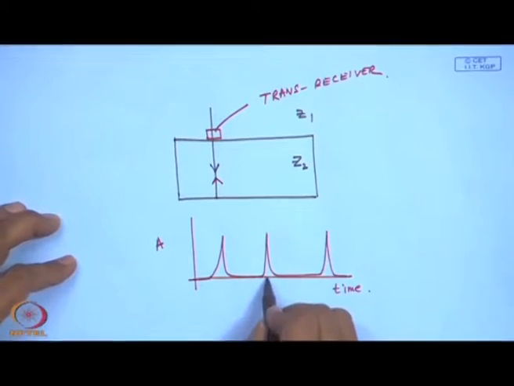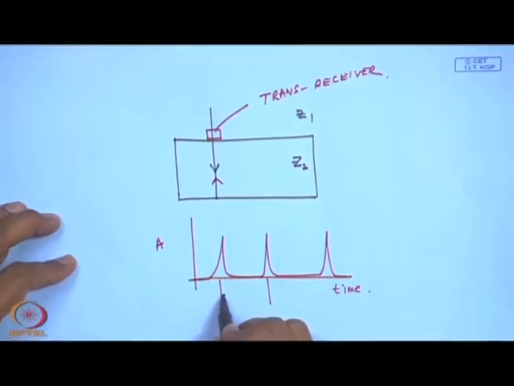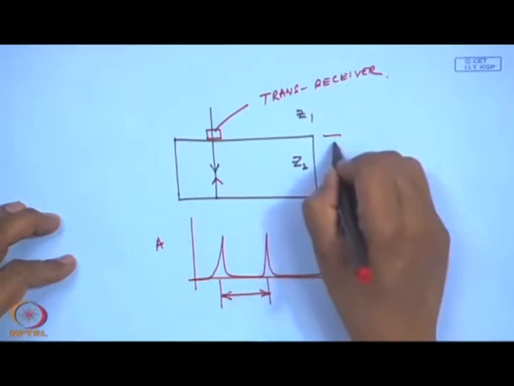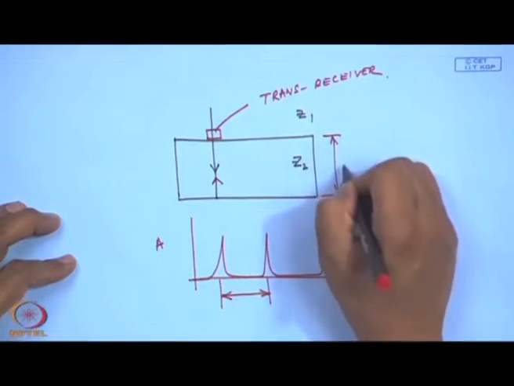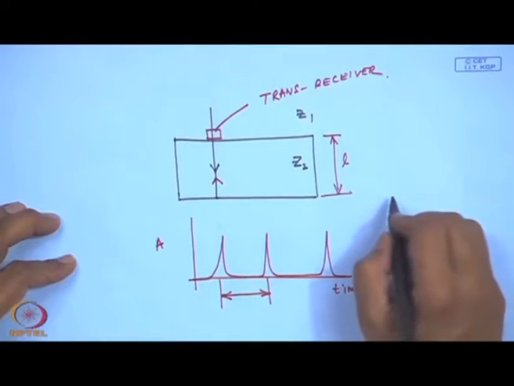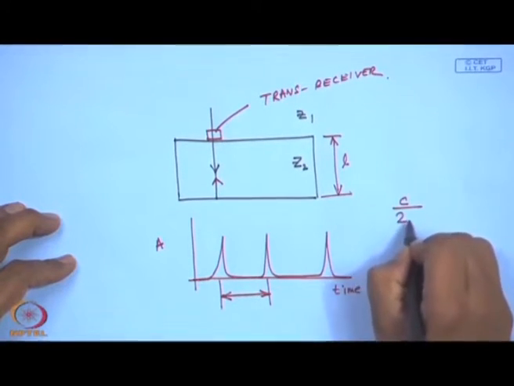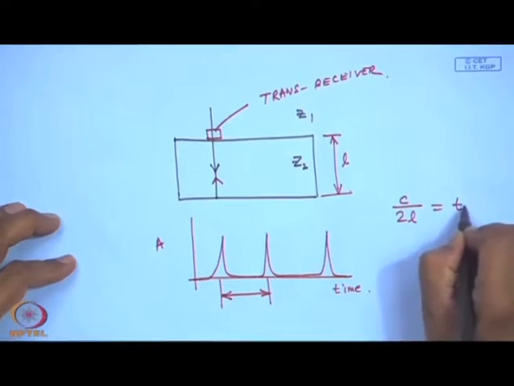Okay. So, this time period is nothing but responsible for, if this is L, the thickness of the material. So, the time period will be 2L by C; this will be this time.